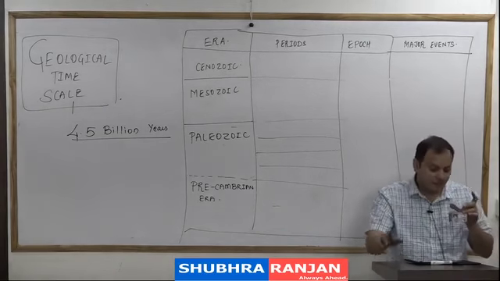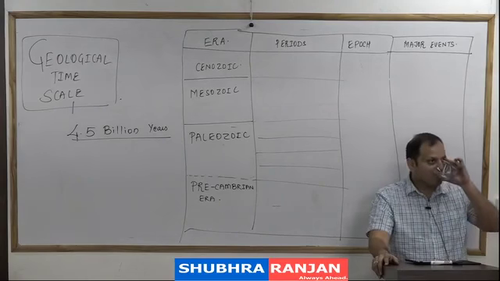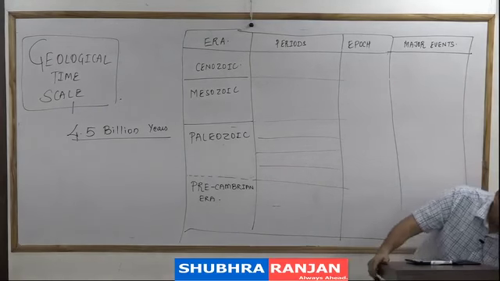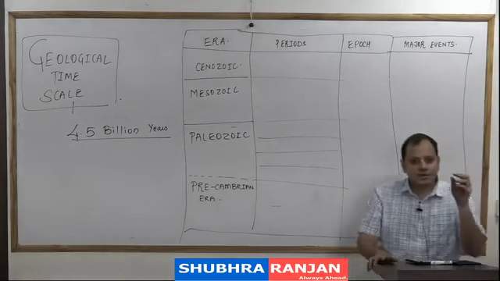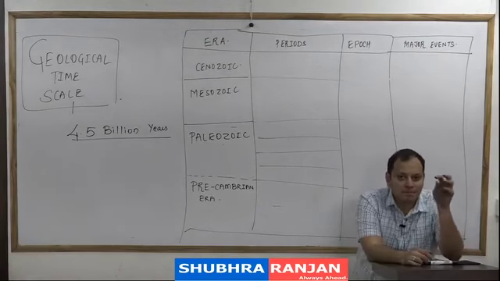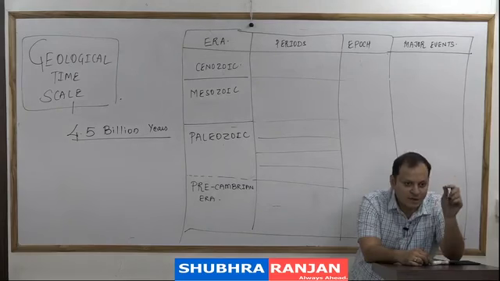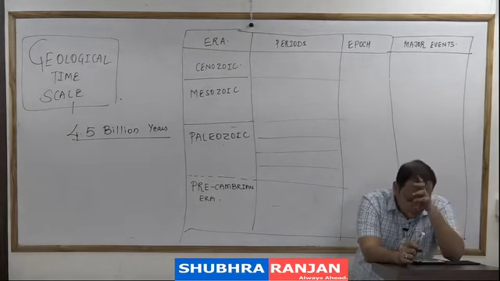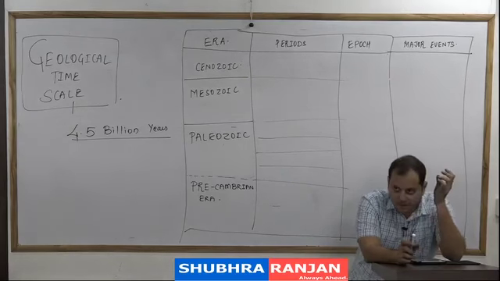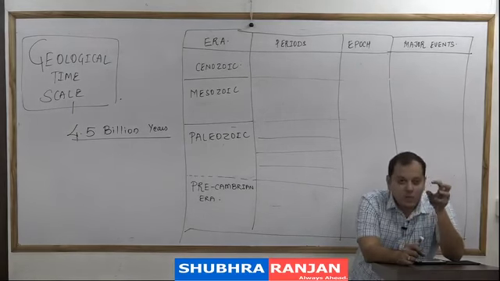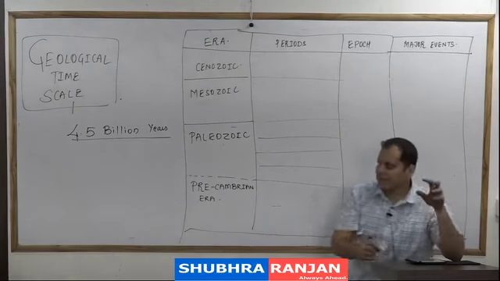Precambrian में ही next point, around 2,500 million years ago, blue-green algae originated.